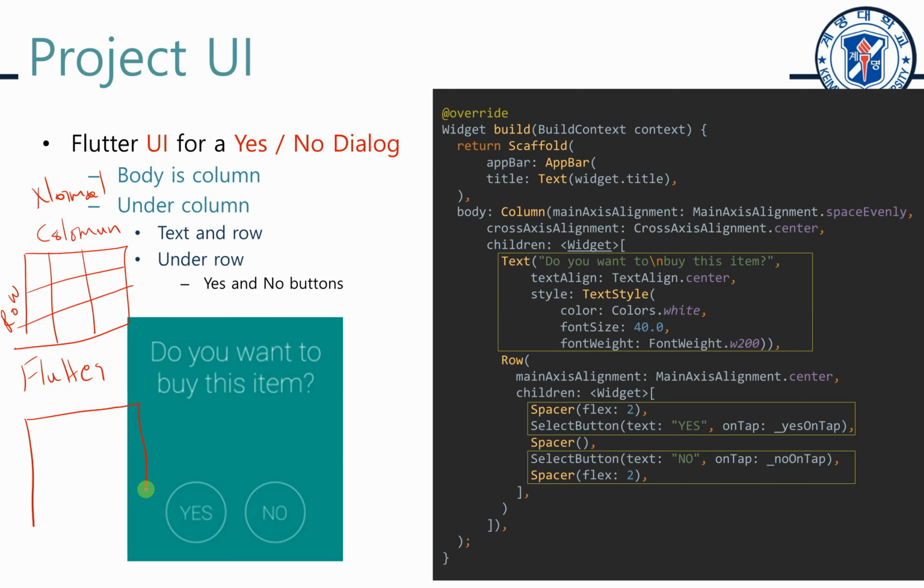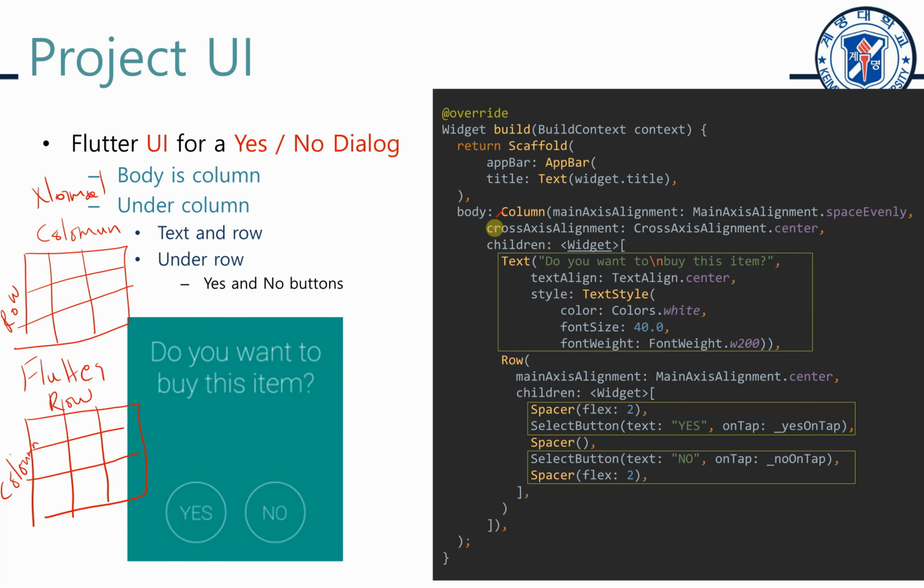When you have some kind of table, this part is called row, and this part is called column. So that is why, for instance, you can see that the body is going to be a column, and in that column I will have children.